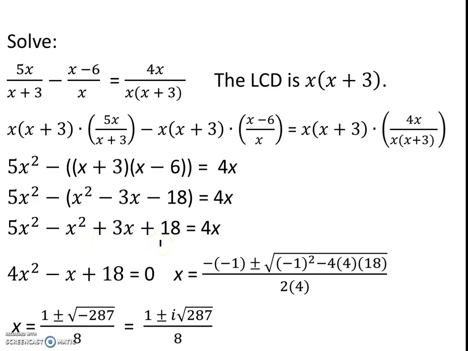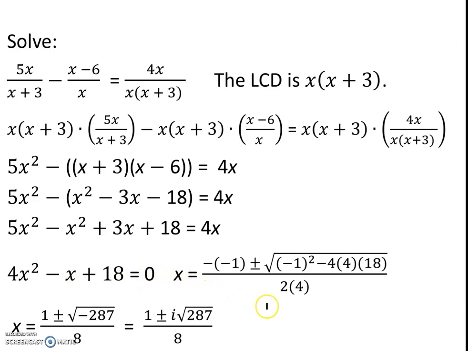Still collecting like terms, we bring the 4x over, and it's a negative 4x, so we end up with 4x squared, because we took the 5x squared minus x squared. And when we subtracted that 4x, that 3x became a negative x, and we have plus 18 equals 0.